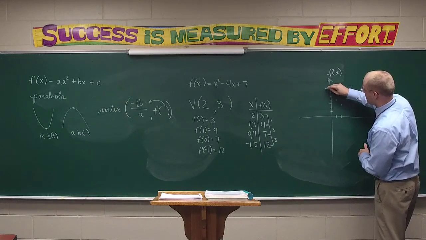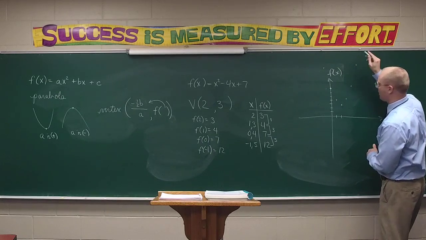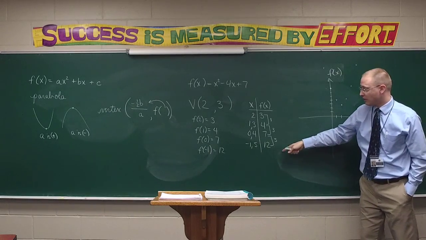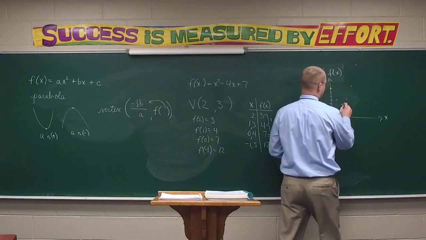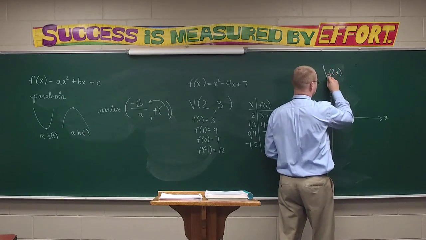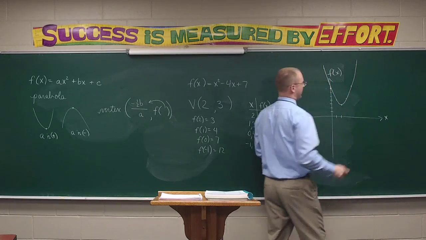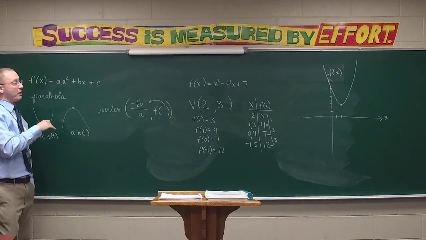And then over 1, up 5. And then if you were to keep going, which we don't want to, over 1, up, what do you think? 7. Then over 1, up 9. That gets you that basic parabolic shape, something like that. And it always looks better on graph paper than it does that way. But we get the idea.